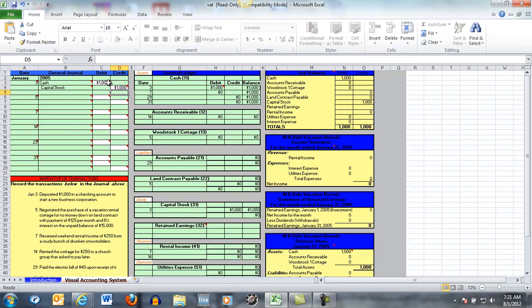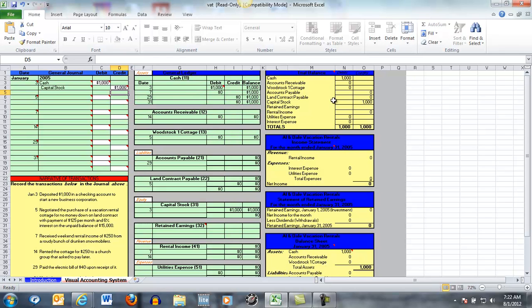The process of copying this information from the journal to the ledger is called posting. The postman delivers mail to your house. Posting, we deliver the account amount from the journal to the ledger accounts. Houses have addresses. Accounts have addresses. This is account 11, 12, 13. You'll see a lot larger numbers in corporations.